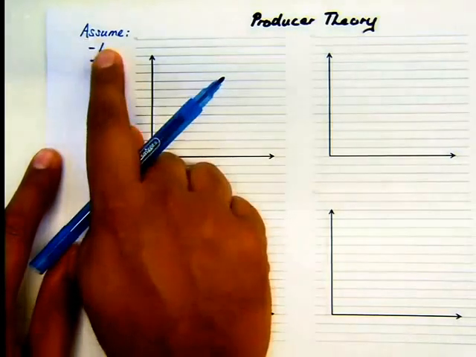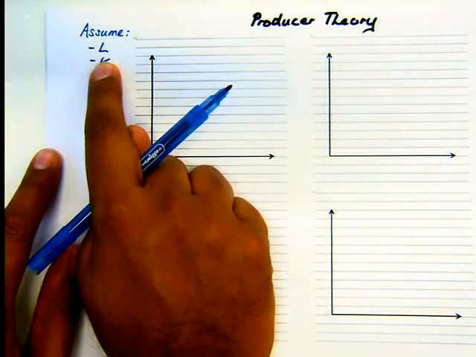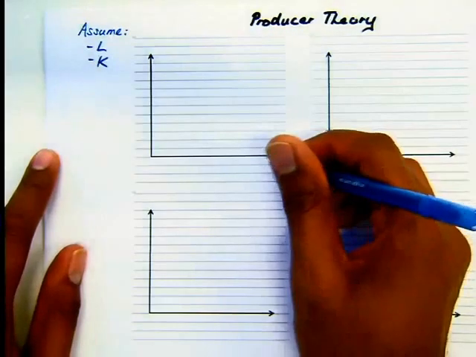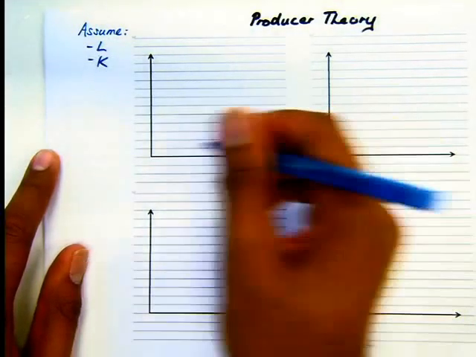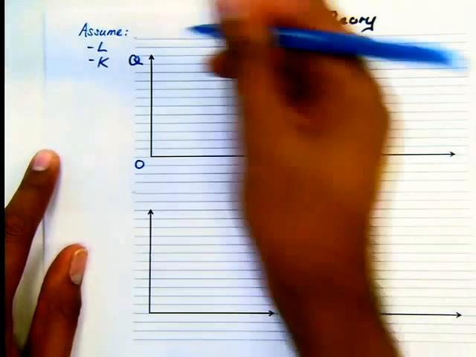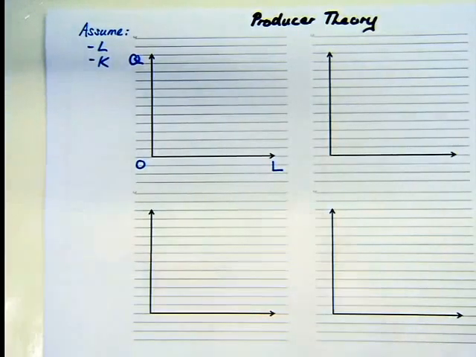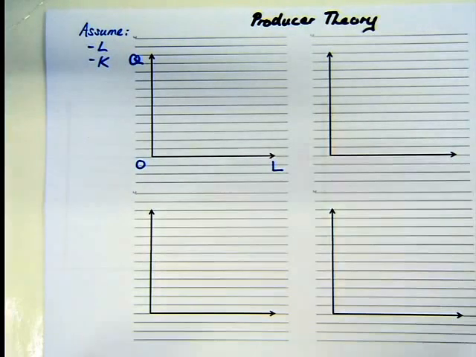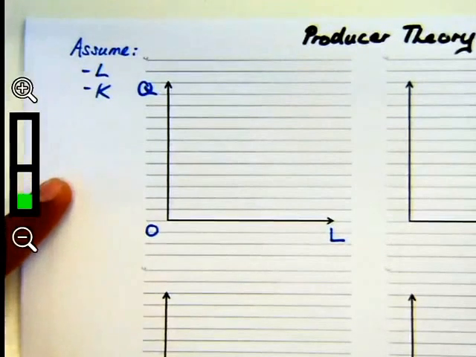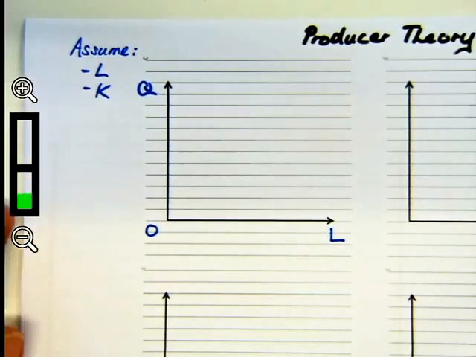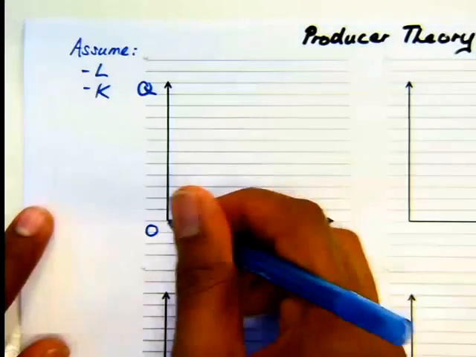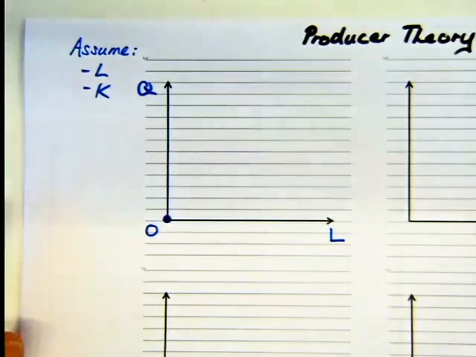Labor is variable in the short run. Capital is fixed. So we see what happens to our production as labor increases. If we have 0 workers, we will have 0 units of output.